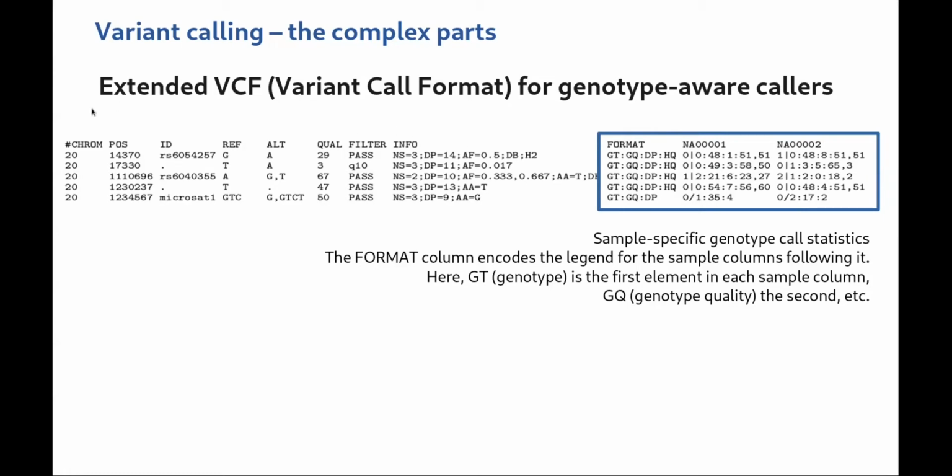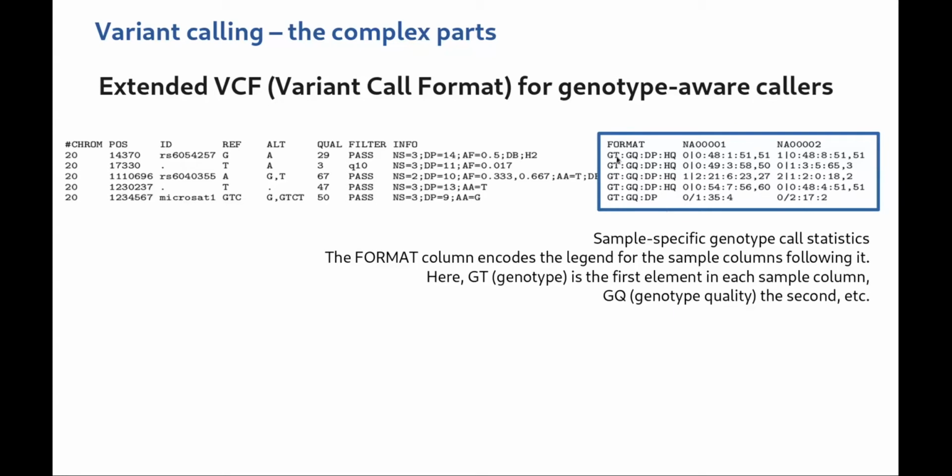The minimal set of columns that a VCF has to comprise are the ones we already know about, those first 8 columns. But there can be additional ones, and those are then the genotype columns. And if you want to have genotype columns, what you need is first a format column that defines how the following genotype columns are structured.